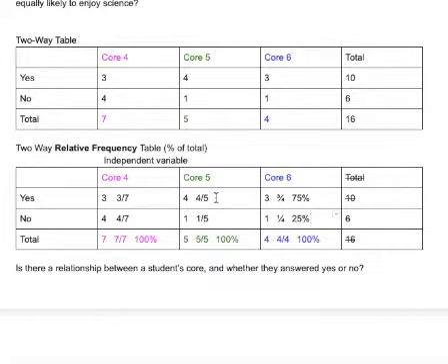So 4 divided by 5 times 100. 4 out of 5 is 0.8, which is 80%. 1 out of 5 is 20%. 3 out of 7, let's see, 3 divided by 7 is, hold on, what's your calculator?